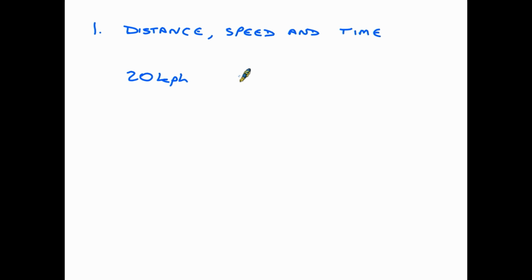Now let's say that we are travelling for 5 hours. Notice that the units are the same, hours and hours. So 20 kilometres per hour, travelling 5 hours, that's 20 times 5. At the end of the 5 hours, we will have travelled 100 kilometres.